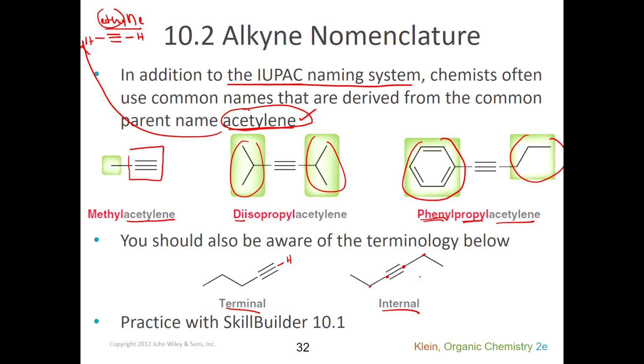That is an important distinction, because what we're going to see in a couple minutes is if I add a base, normally I don't see a base react with a hydrocarbon, right? If I have a leaving group, I can get a base to pick off a proton, specifically because the leaving group can leave.